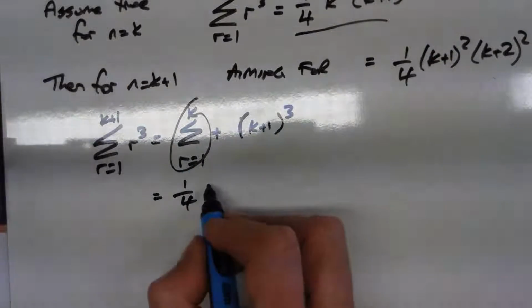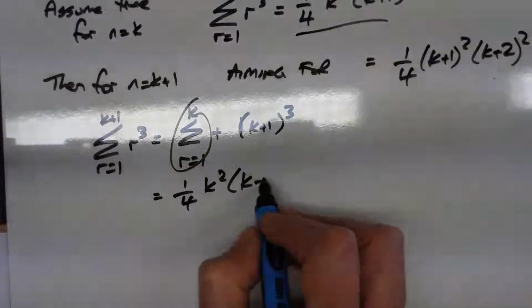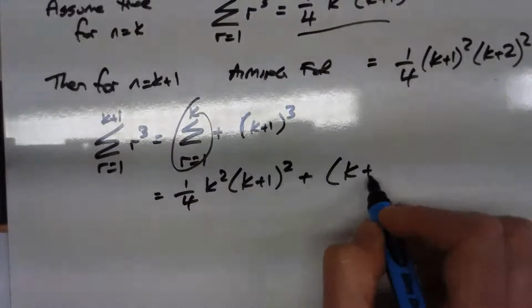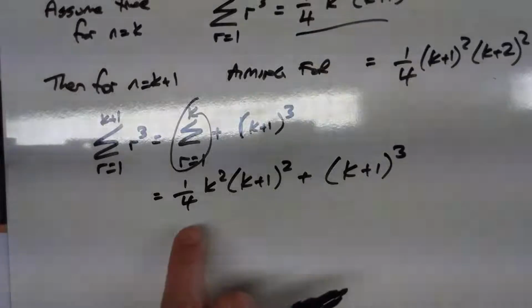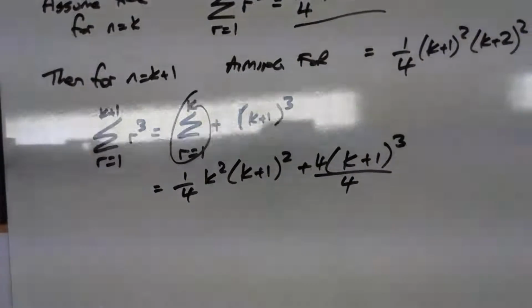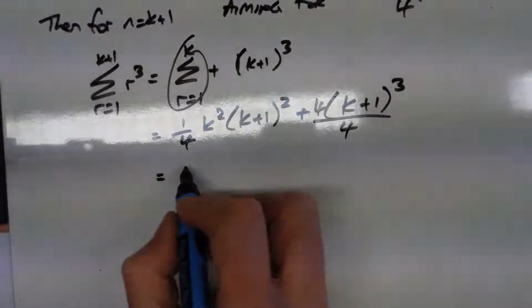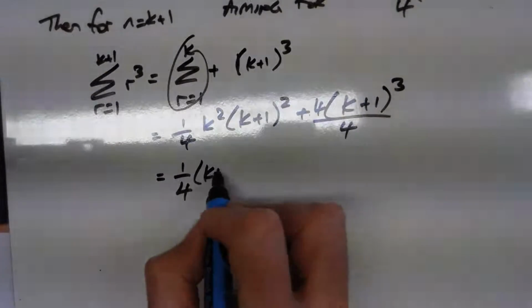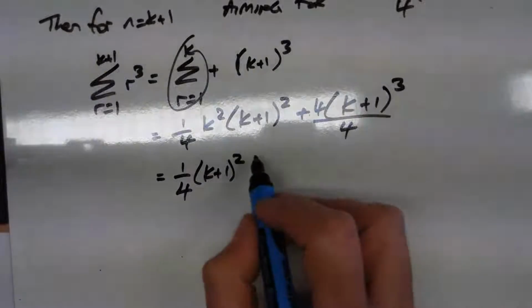So we've got a quarter k squared, k plus 1 all squared, plus our extra bit. We're going to take out quarters, so I'm going to put 4 quarters in that bit there to help me. Take out the factor of a quarter. Take out the factor of k plus 1 all squared.